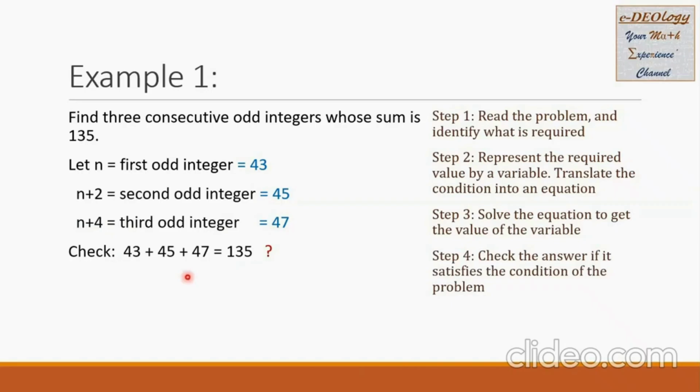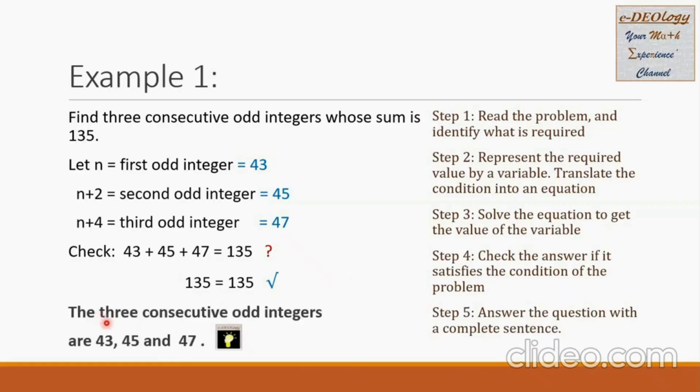If we compute this, we get 135, and it is equal to 135 on the right side. So step 5, we will answer the question with a complete sentence. The three consecutive odd integers are 43, 45, and 47. This is our final answer.